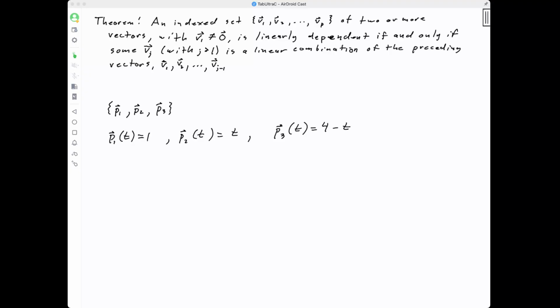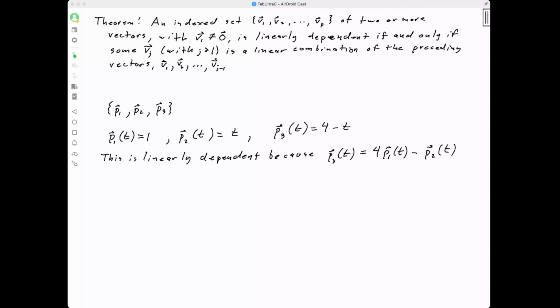Now, this is a linearly dependent set of vectors because I can write P3 of t as 4 times P1 of t minus P2 of t. So there's a linear combination of P1 and P2 that gives me P3.